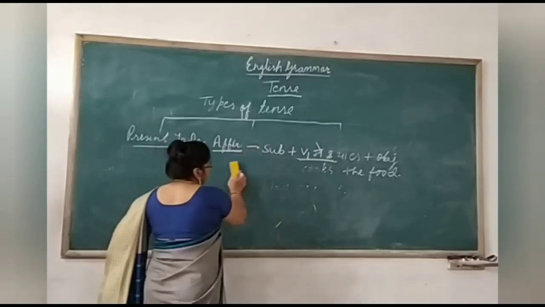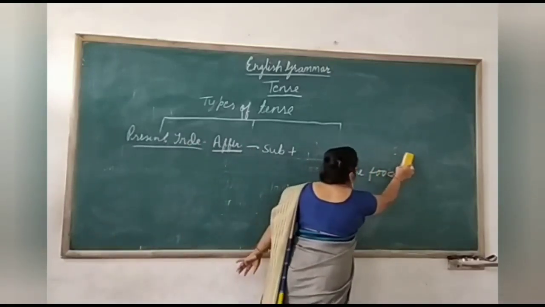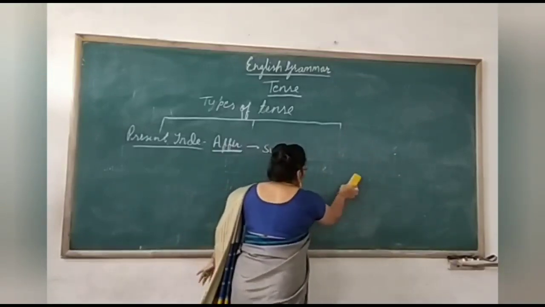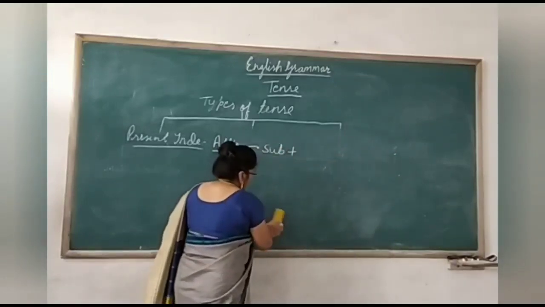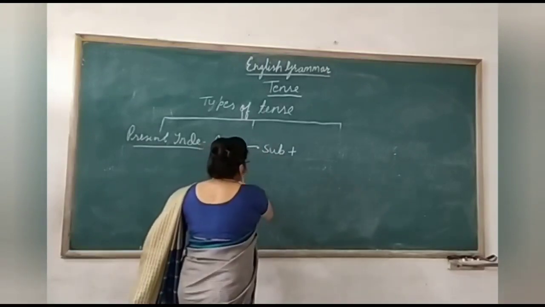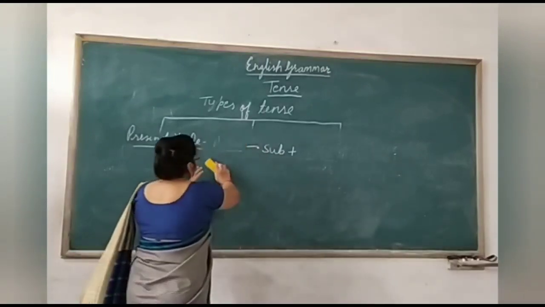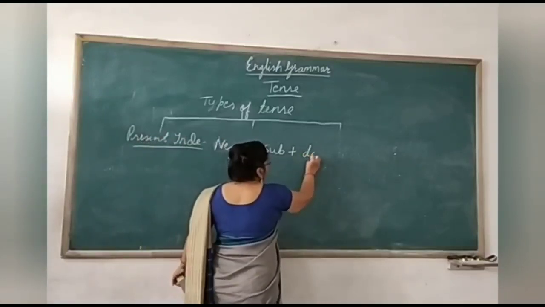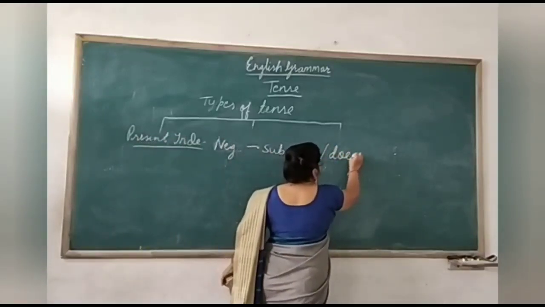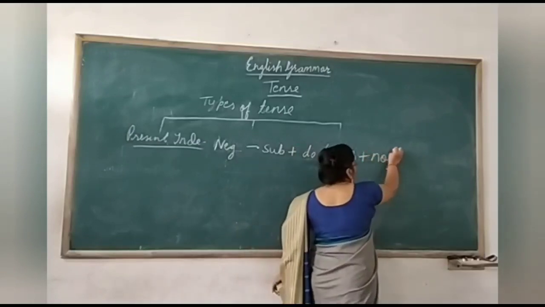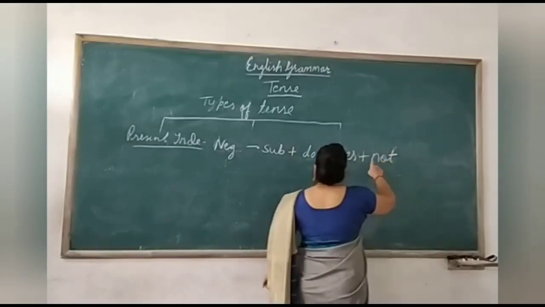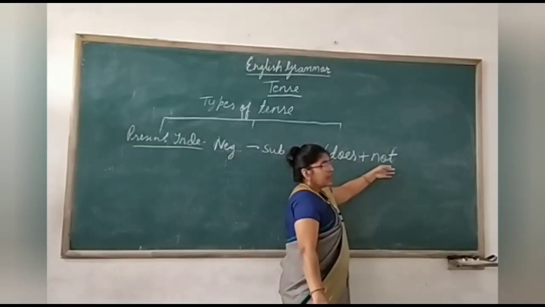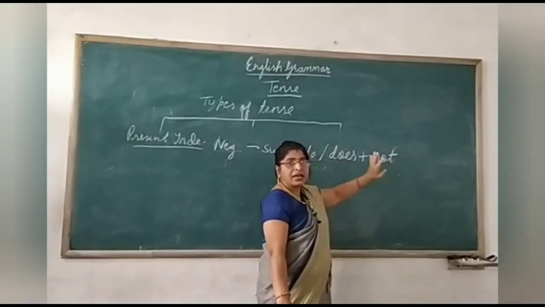So let's now move to the negative structure of the present indefinite tense. Children, you have to remember here the formula only. See here, present indefinite negative structure is subject plus do or does, then not, because we are forming the negative sentence, that is why negative denotes never and not.